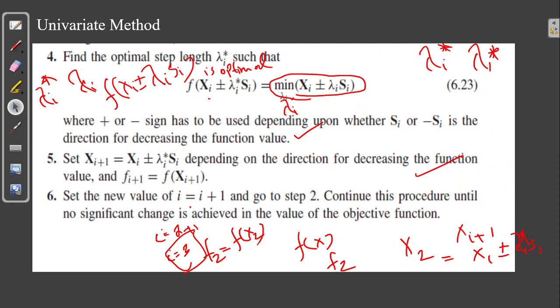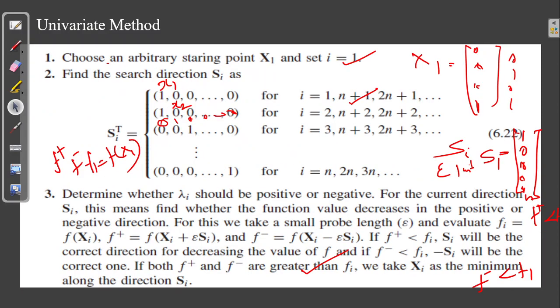Sorry, I equal to I plus 1, that means I equal to 1 plus 1, that is I equal to 2. So then we will go to step 2, that means you have to again identify the search direction, that is S2.